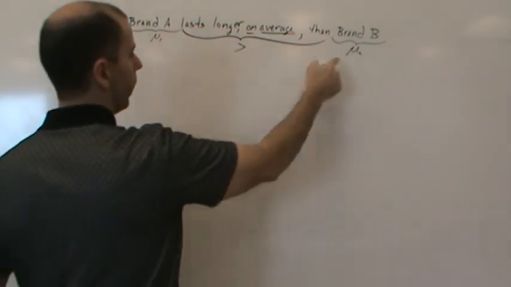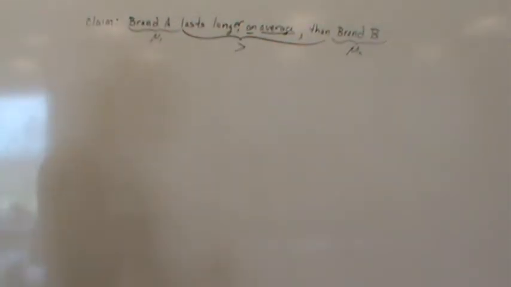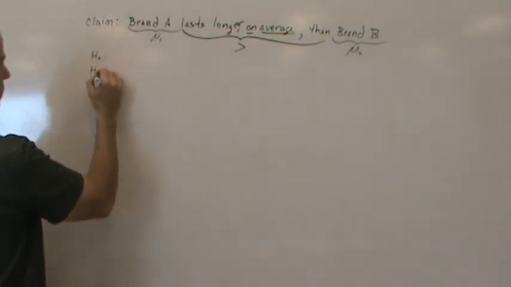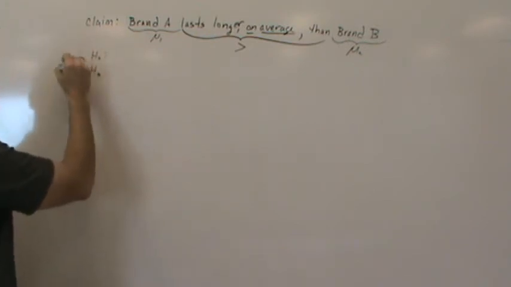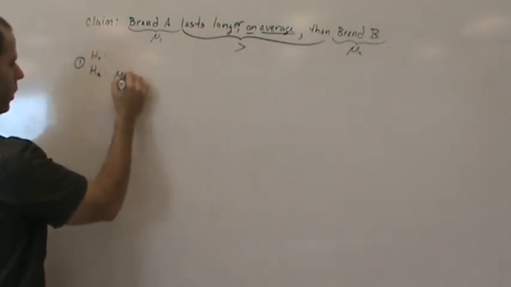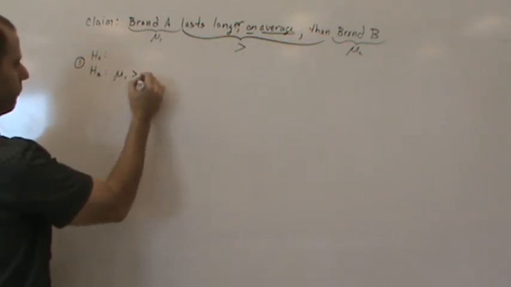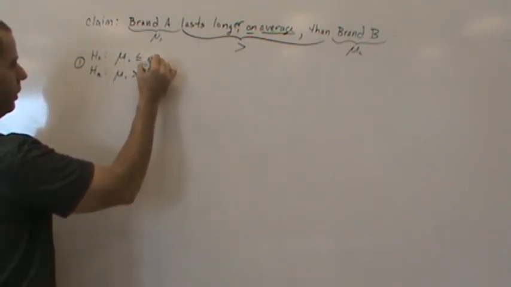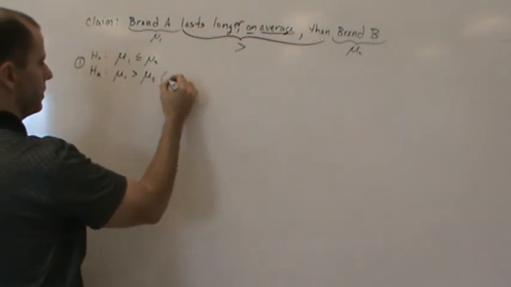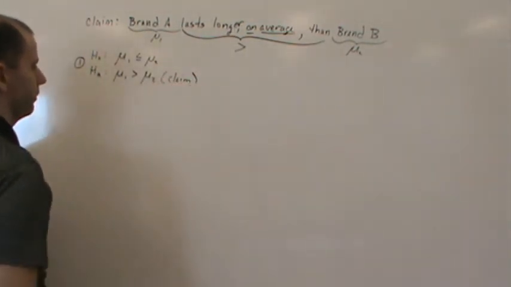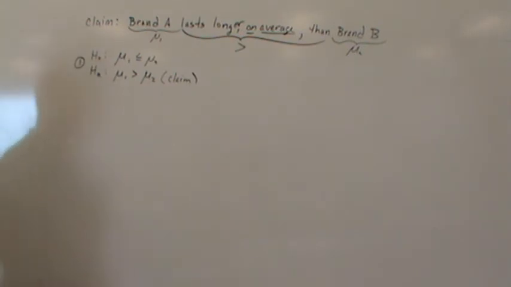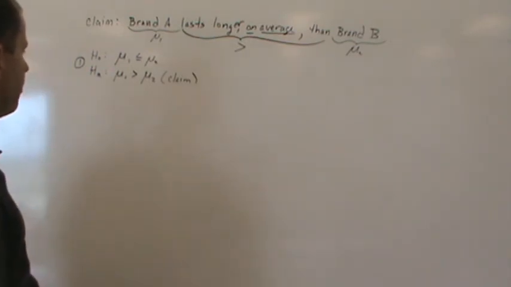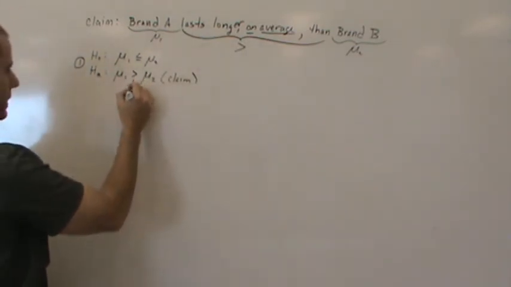So now we know what our alternative hypothesis has to be. Step 1: our alternative is mu1 is greater than mu2, versus the null, which is mu1 is less than or equal to mu2. And the claim is the alternative in this case. Okay, so far so good? This is going to be a right tail test.